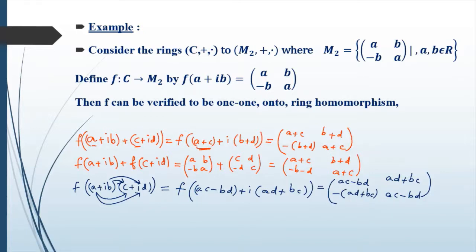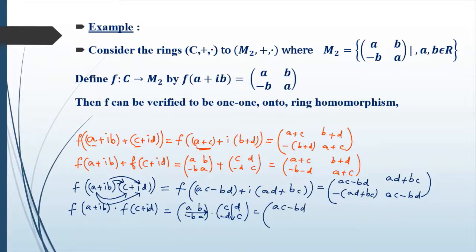Similarly, you find f of a plus ib into f of c plus id. So that will be equal to [a b; minus b a] into [c d; minus d c]. While you are multiplying matrices, you have 2 by 2 matrices. First you take the first row and first column and multiply, and first row second column, likewise you go. So you see that the result is ac minus bd and here ad plus bc.